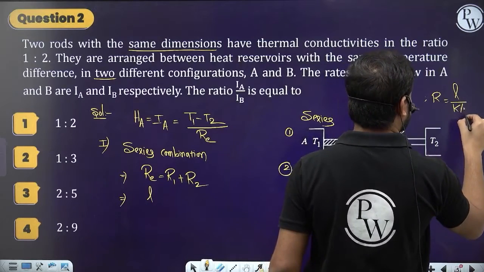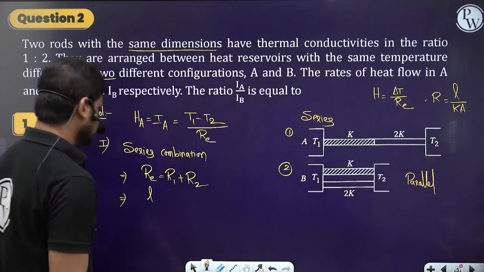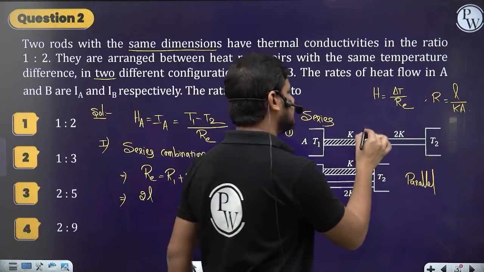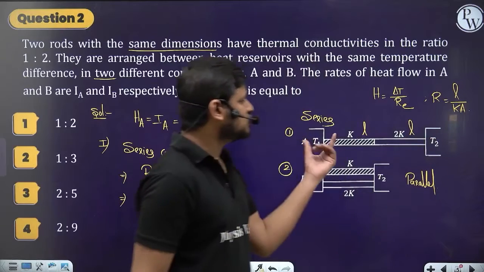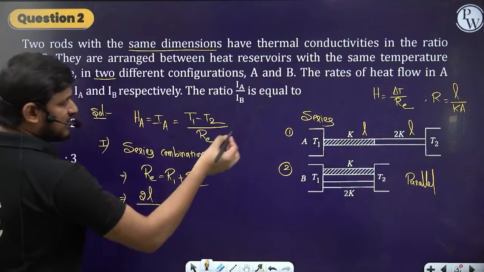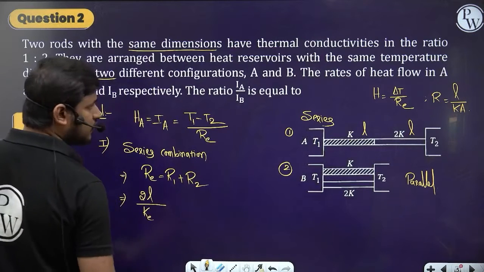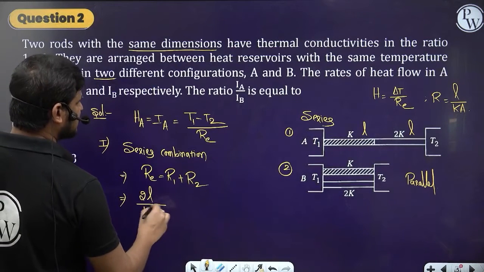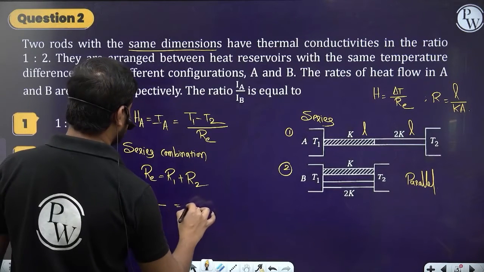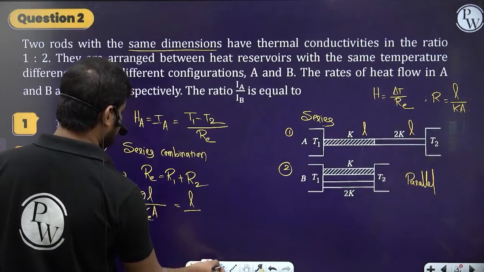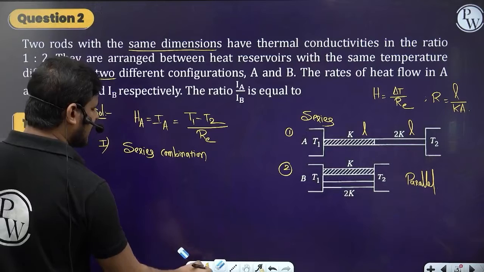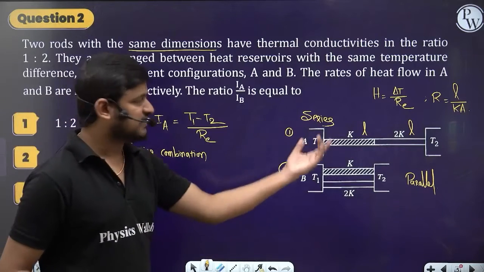Once they are combined, let the length of each be L, so the total length is 2L, divided by K equivalent into the area A. But we don't need this, we just need delta H. So let's find R equivalent separately.